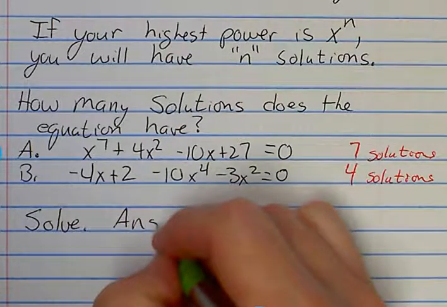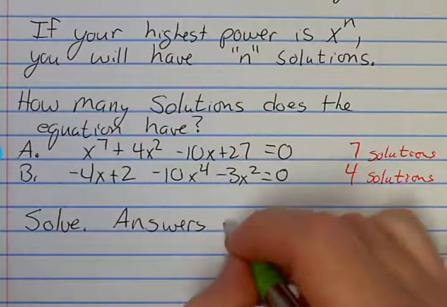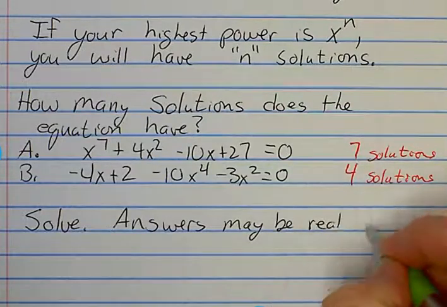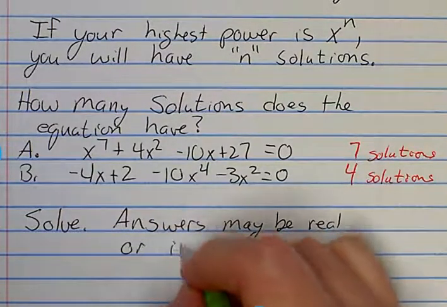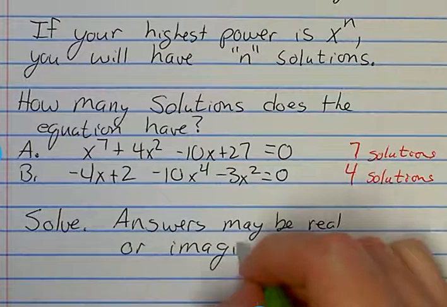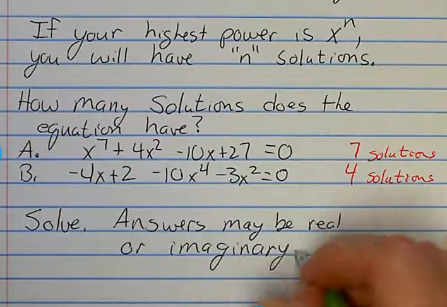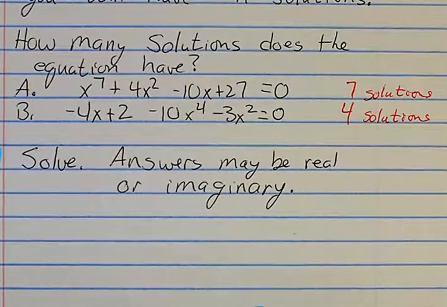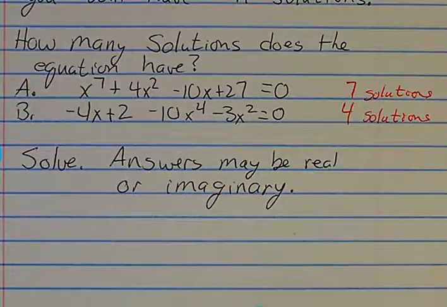And they're going to tell you up front that the answers may be real or imaginary. And we're just going to look at a bunch of different examples as we're going through this one, just to show you all the options you could get from this part of it.